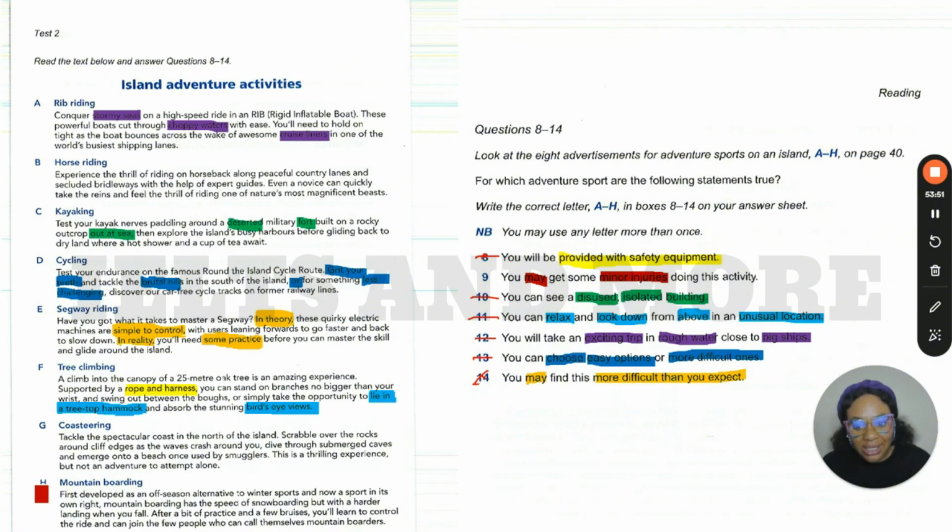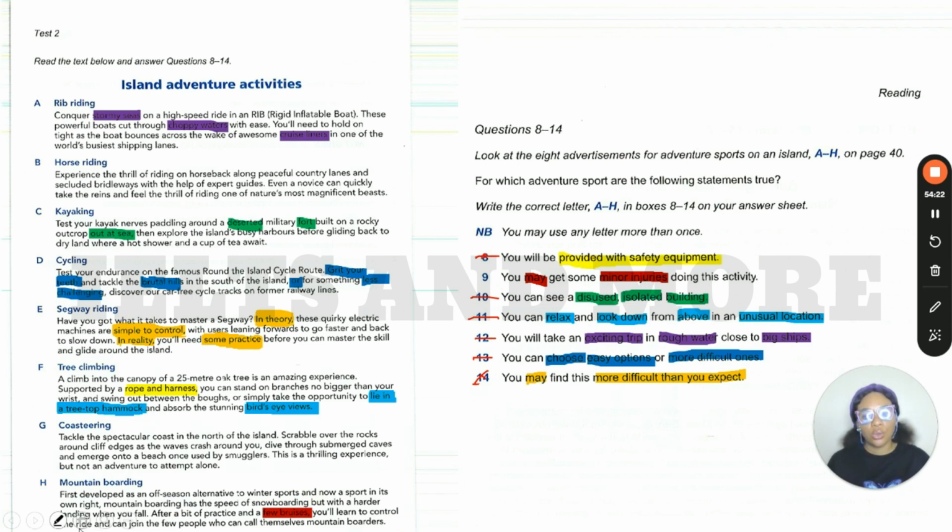After a bit of practice and a few bruises, you will learn to control the ride and can join the few people who can call themselves mountain boarders. So yeah, bruises, injuries. You're going to have a few bruises, which is synonymous with you may get minor injuries during this activity.